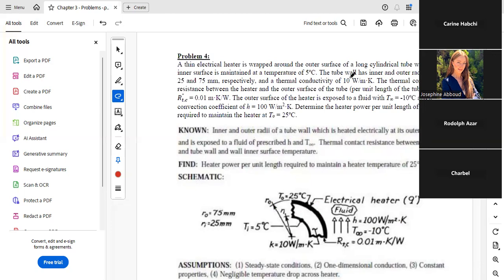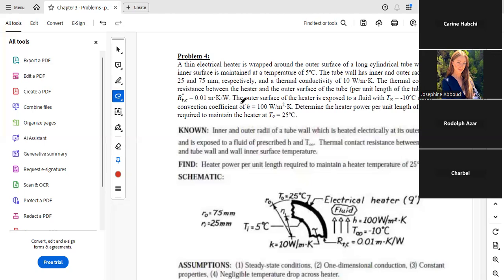The tube wall has inner and outer radii of 25 and 75 millimeter respectively, and a thermal conductivity of 10 watt per meter Kelvin. The thermal contact resistance between the heater and the outer surface of the tube is given to be R prime equals 0.01 meter Kelvin per watt.